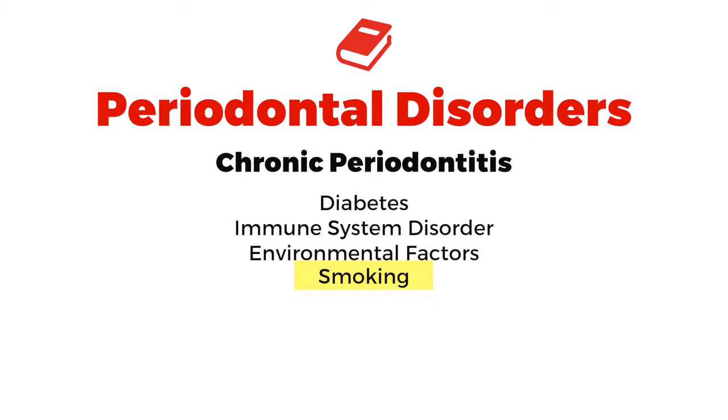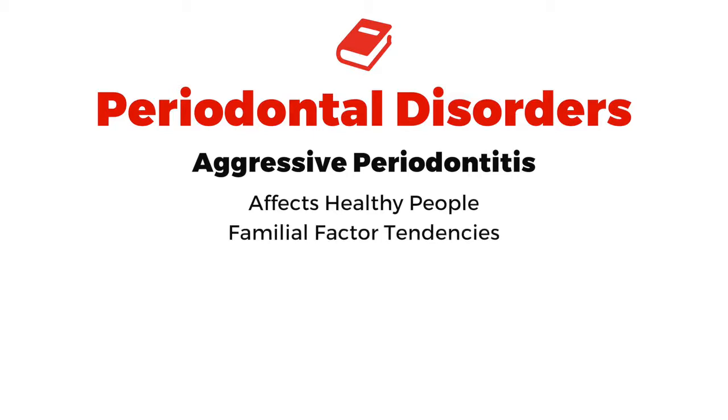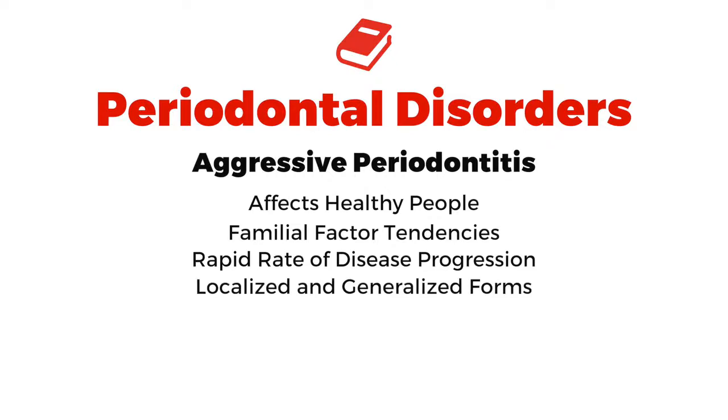All right, we can also then talk about aggressive periodontitis. Here basically this affects people who are healthy. So they don't have any systemic pathology that you would think causing an extra inflammatory process. This tends to have a familial factor, so you're going to want to ask if the patient has any family members with periodontal disease like this. There's a rapid rate of progression, hence aggressive in the name, as well as there are localized and generalized forms of this.